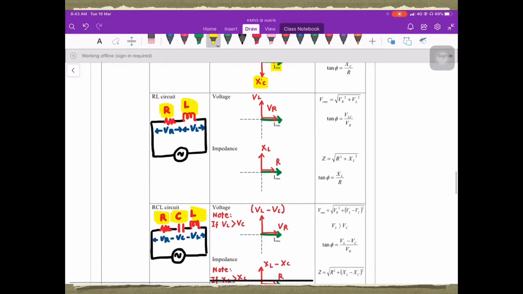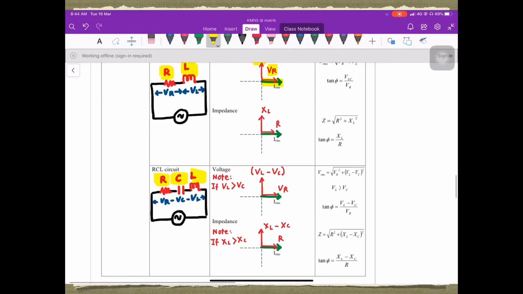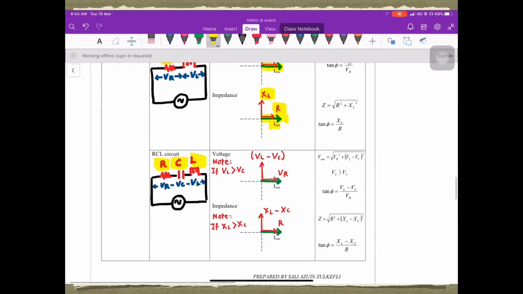Next, for the RL circuit, we have VL with the arrow, VR with arrow, and also IRMS with arrow. For the impedance, inductive reactance with arrow, resistance with arrow, and the IRMS with arrow.